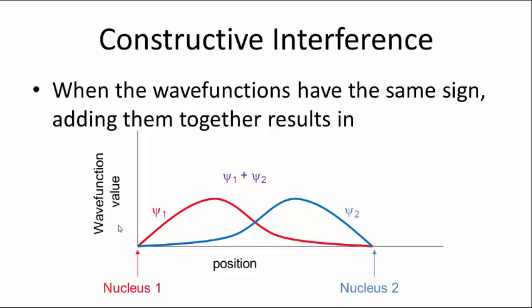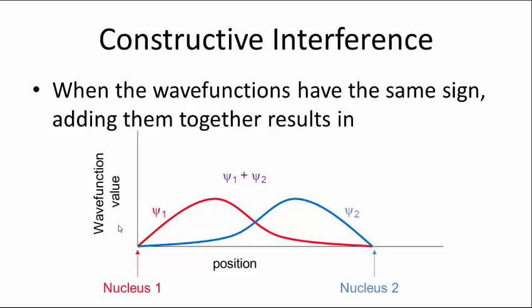Over here on the left side, psi 2 is really, really small, right? So my graph of psi 1 plus psi 2 on the left side should look very similar to just the graph of psi 1.